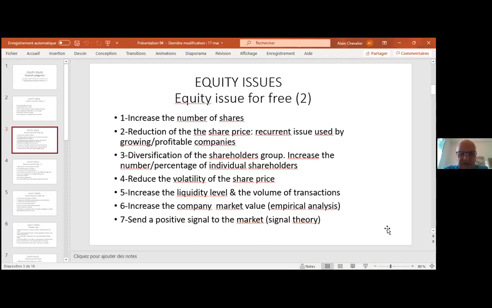It means you will keep a liquidity level which is sufficient for anyone to buy or to sell shares of your company. It means also that, and this is point 4 here, this diversification and the different behaviors will help you to reduce the volatility of the share price.